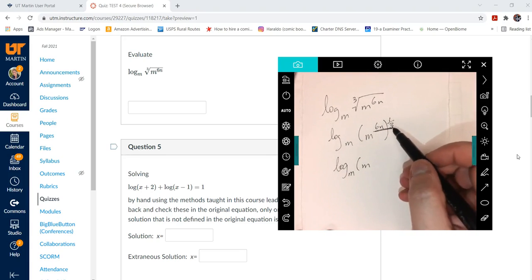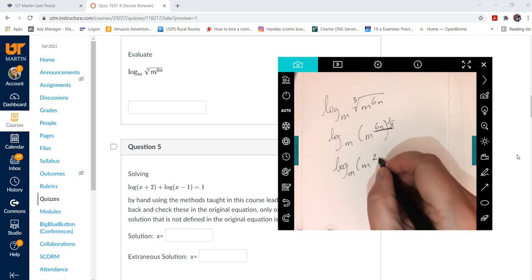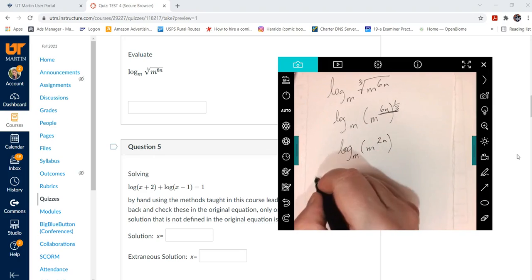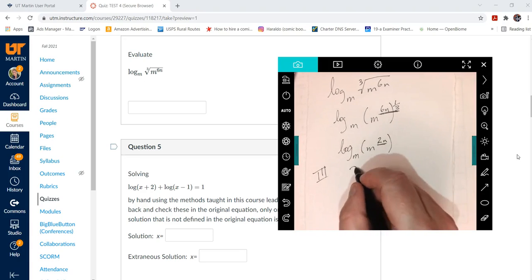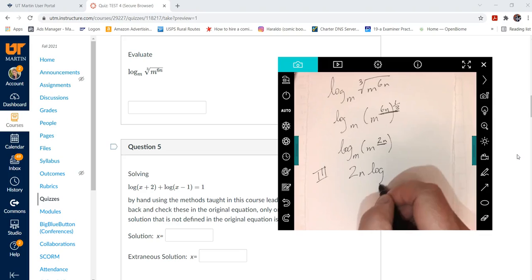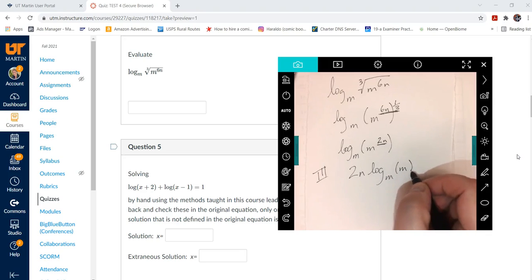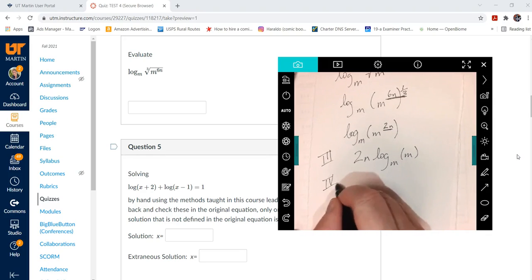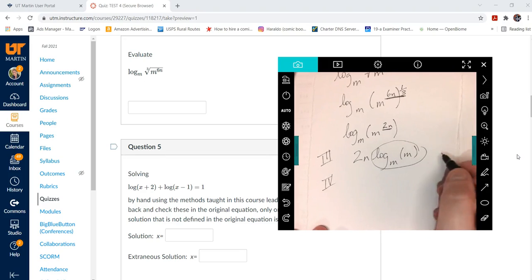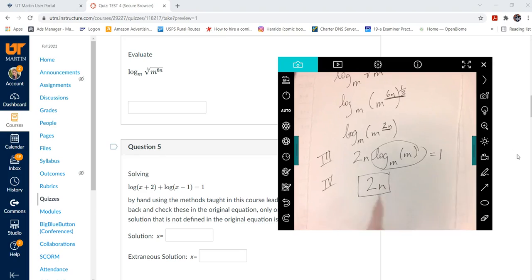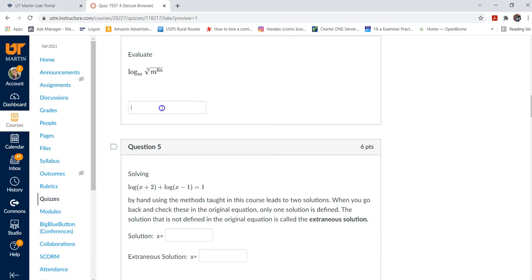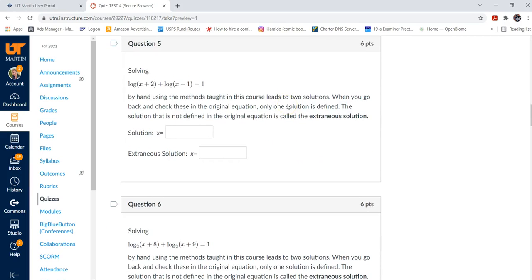And 6 times 1/3 is 2. And now by rule 3, we can take this and it'll come out the front. And then by rule 4, this is just going to be equal to the number 1. And so my answer is 2 times n. Okay.